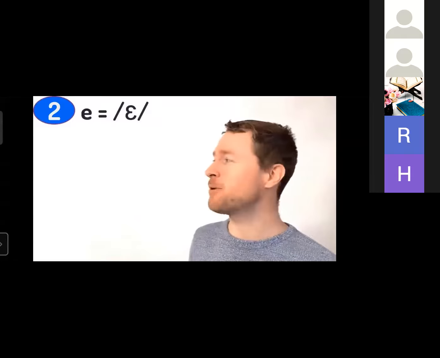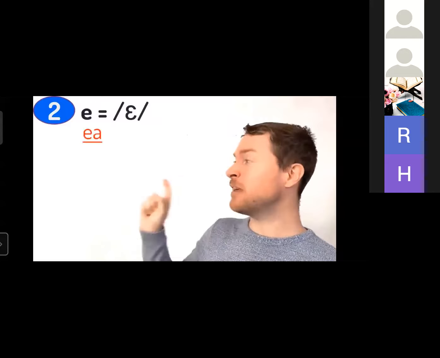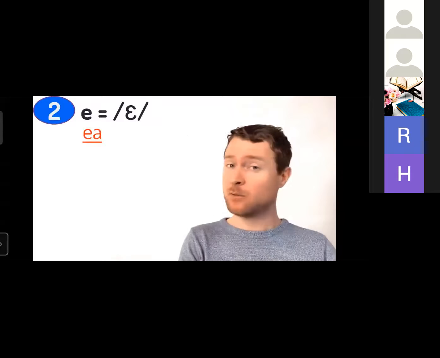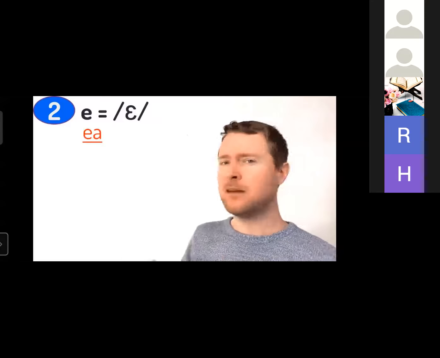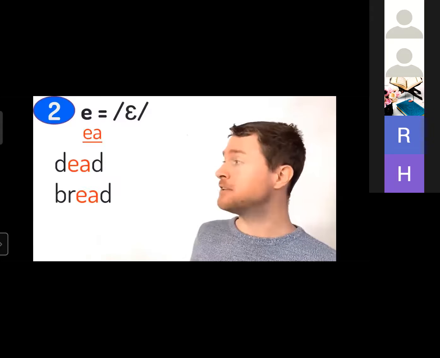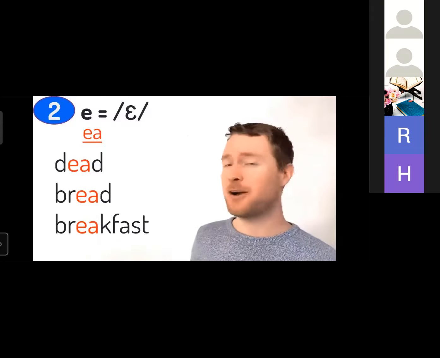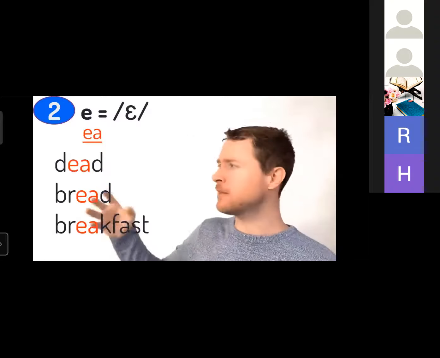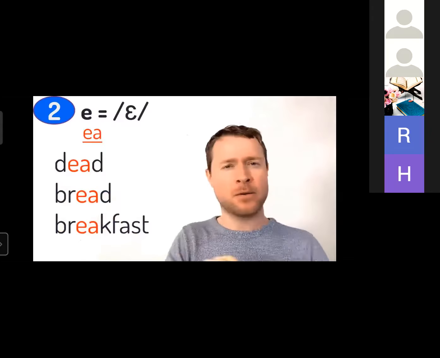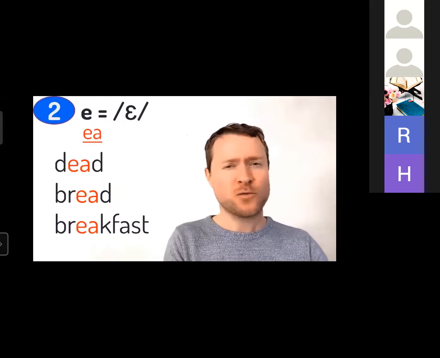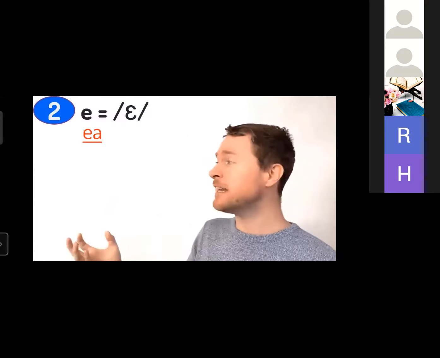Also, the letter E can be pronounced E in words with EA. Remember, before EA was pronounced E? Well, in English, EA can also be pronounced E. So EA in words like dead, or bread, or breakfast. In dead, you can see the letter E followed by the letter A. Again, EA. But this time, it's not pronounced E. There's a really good example of this with the word read.